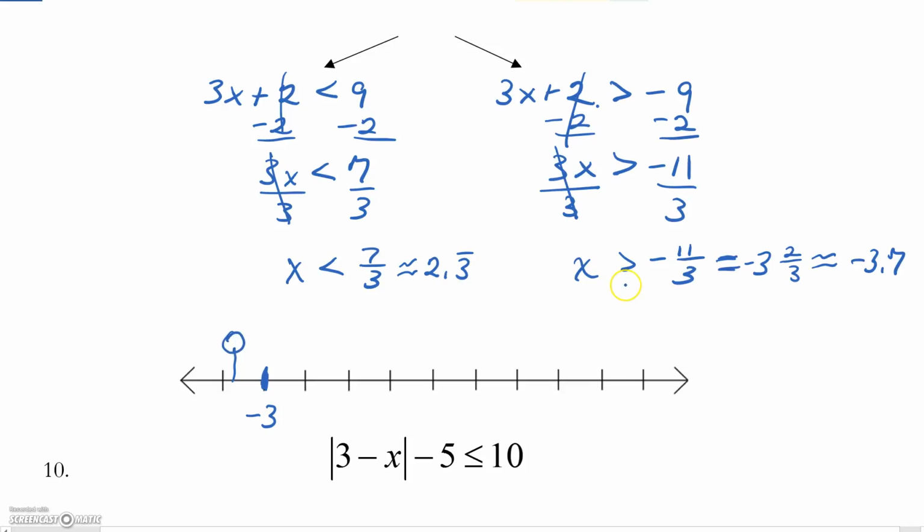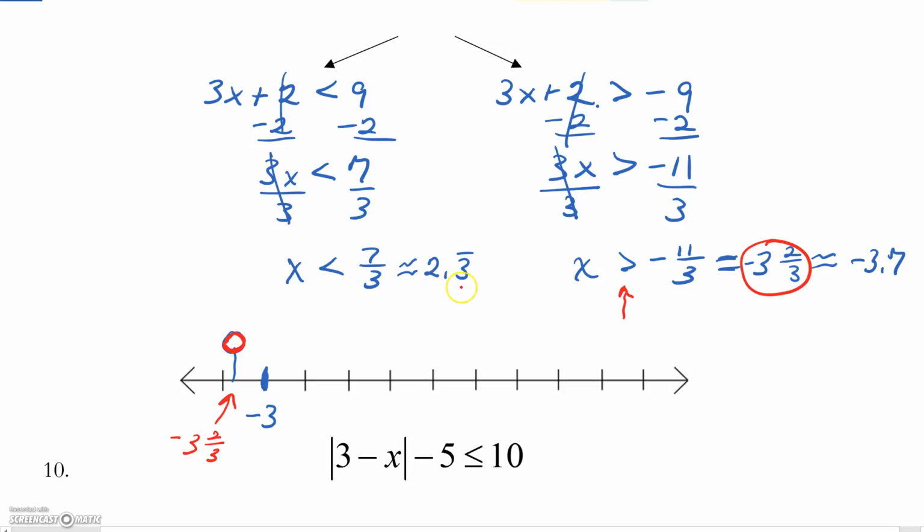Now notice this inequality has a greater than. So this should be an open circle. No dot on this one. So that value, we want to show it. That value is negative 3 and 2/3. I'm using the exact value right here.